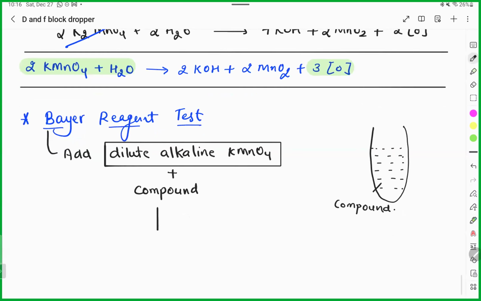If the pink color becomes colorless, like water, then it means there is a presence of either a double bond or a triple bond.